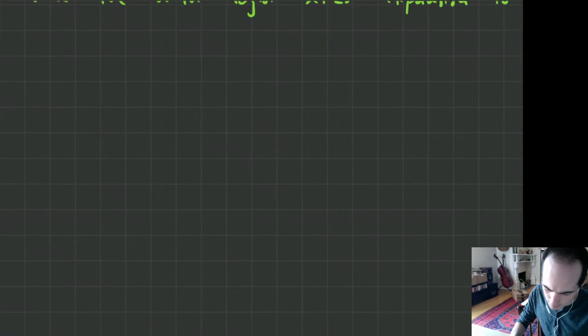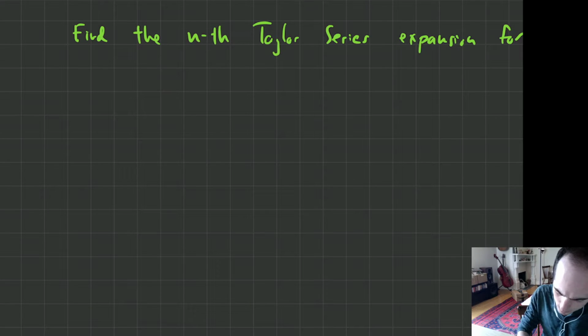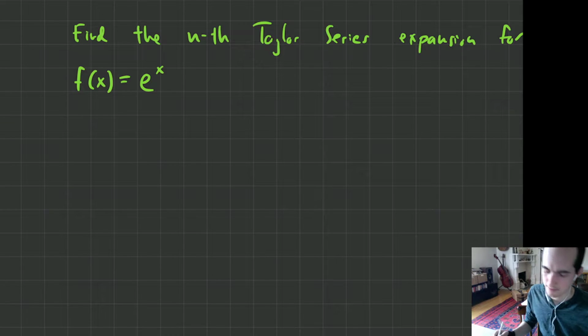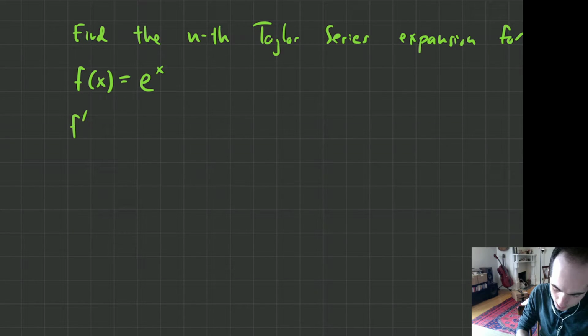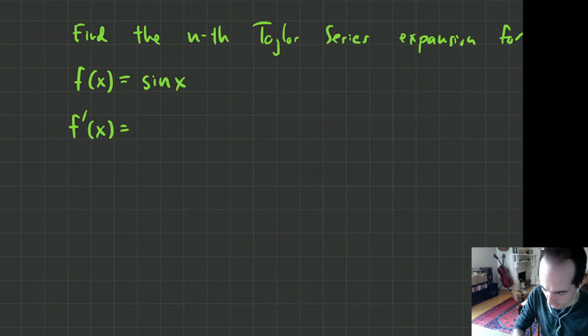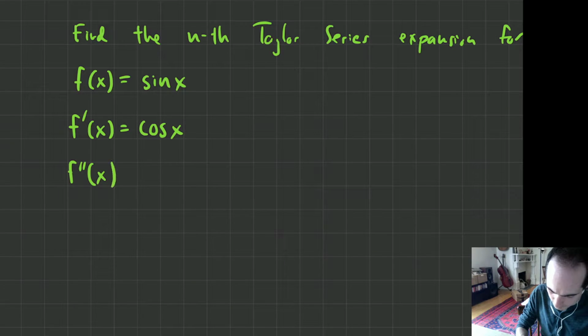Okay, so the first thing that we would do is we would say, okay, well, first we set f of x to be equal to e to the power of x. Okay, then we say, well, f prime of x is, oh, what did I say? Sine of x. My bad. Okay, so that means that f prime of x is equal to, well, the derivative of sine of x is cos of x. And then the second order derivative is f double prime of x, which is equal to negative sine of x.